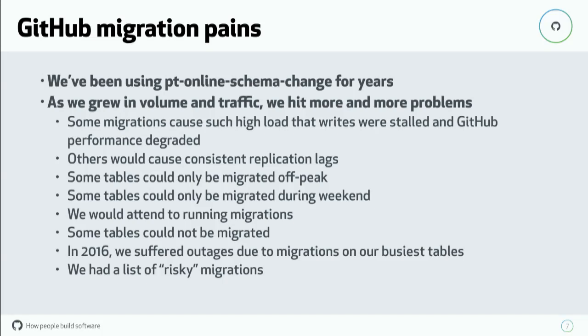When we had super high concurrency, we got to a point where we had risky tables. There were things that we knew we could only migrate off of peak hours, or there were some that it was at a point where we thought, okay, well, this had a problem when we ran it off of peak hours on a weekday, but if we run it on a weekend, it'll be fine.